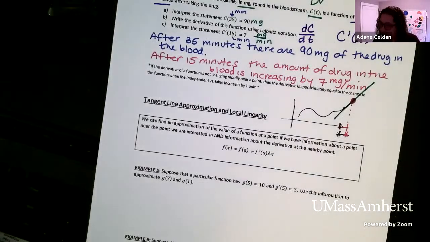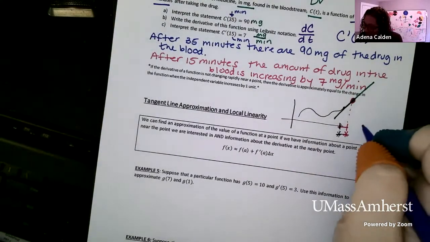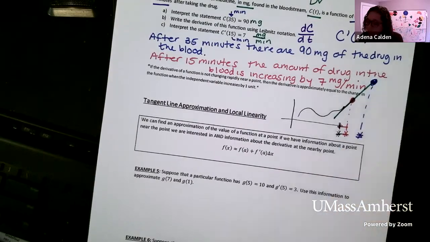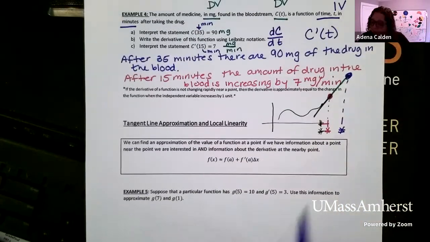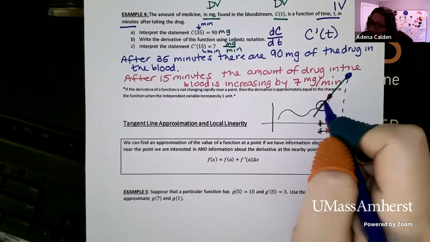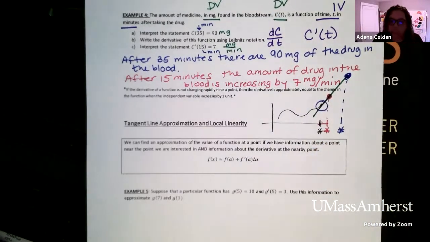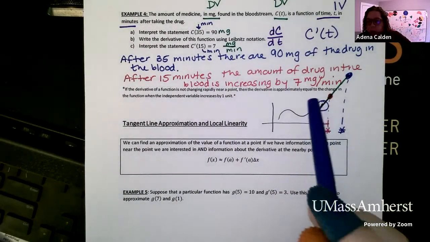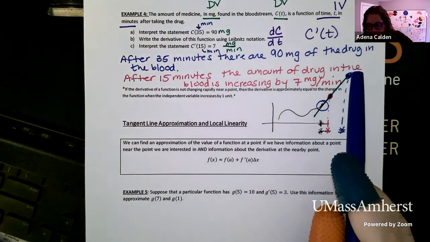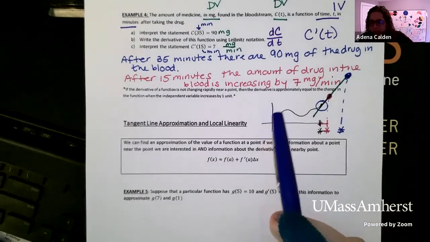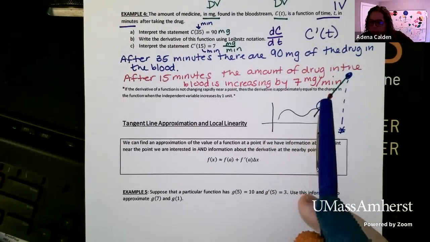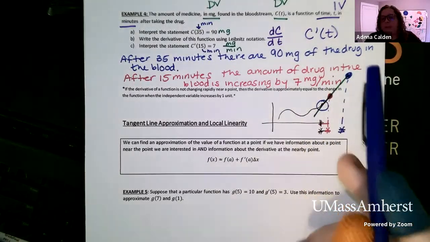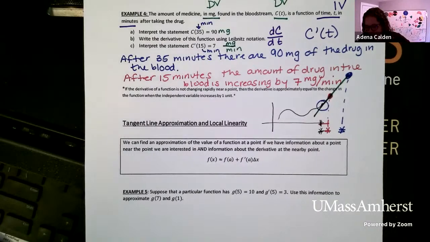If we were talking about what's happening at this point in time, way over here, and we're guessing this, that's a pretty bad approximation because we are not close to the original point. The further we are from our last known point, the worse our approximation is, because we can see that this is going up and down, and we expect that it'll keep going up and down. So the further away we go, the less accurate it's going to be.